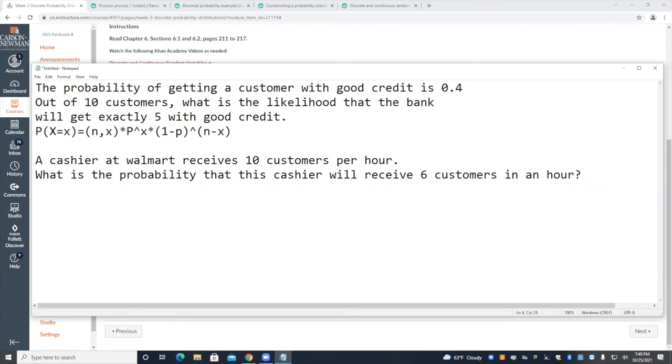So that I can illustrate this a little better, in this case this is going to be probability that x is equal to 5, because I want exactly 5 customers. Little x is 5. Now, 10 to the 5, 0.4 to the 5, 1 minus 0.4 to the 10 minus 5.